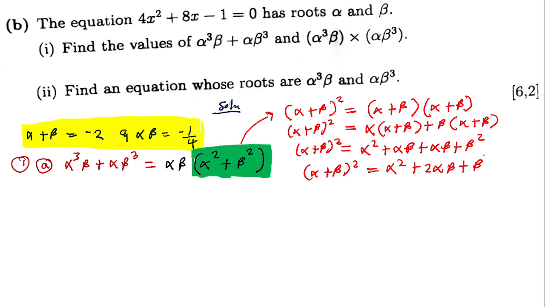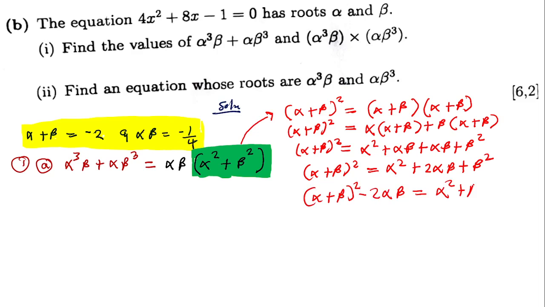After you do that, you are going to make alpha squared plus beta squared the subject of the formula. So you are going to have alpha plus beta squared. This will go to the other side, so it's going to be minus 2 alpha beta is equal to alpha squared plus beta squared.